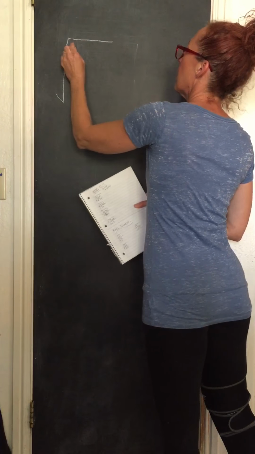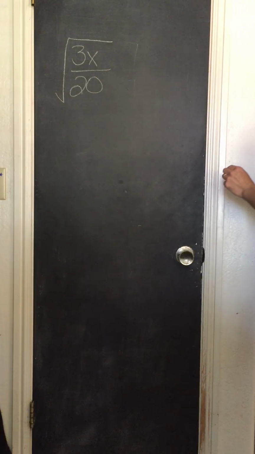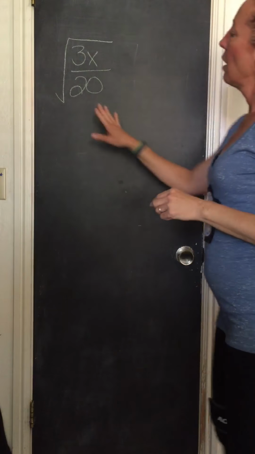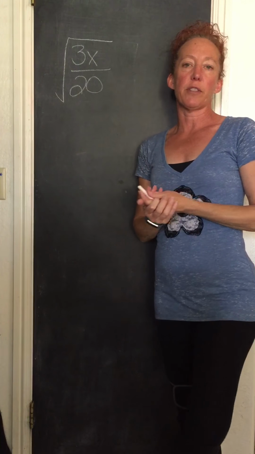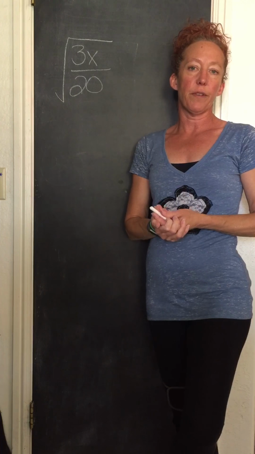All right, let's try this one. You could multiply top and bottom by square root of 20. That would be fine, but you're going to end up with a lot more simplification to do if you do that.